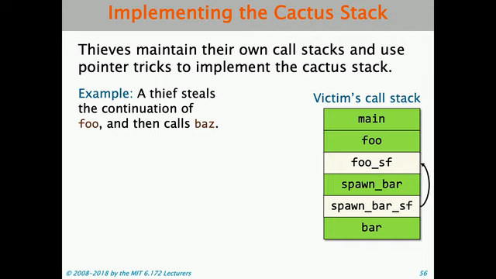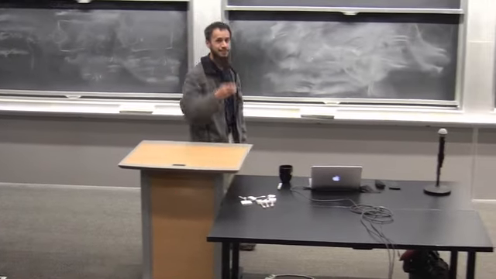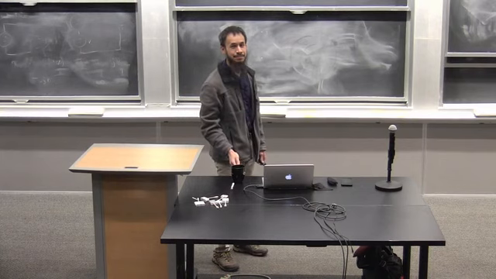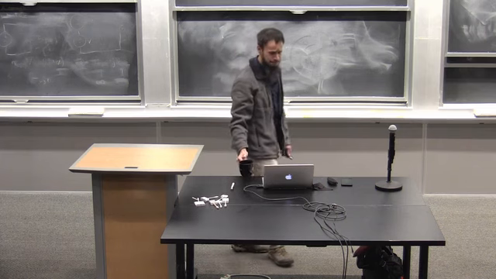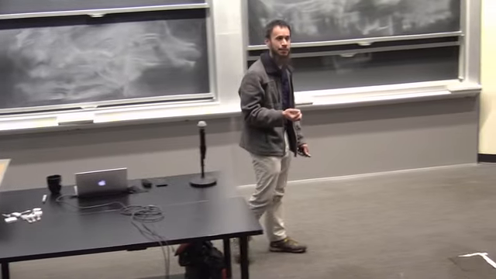Why exactly do we need this cactus stack? What's wrong with just having the thief use the victim stack? Yep. The victim might just free up a bunch of stuff, and then it's no longer accessible.